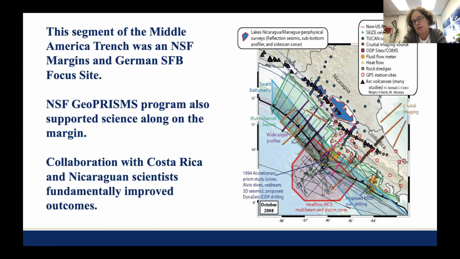This is a figure that was captured in the 2008 time period, showing the land seismometers, the wide angle reflection experiments, swath bathymetry, and included in this are some OBS. I'm going to concentrate on the US ocean bottom seismometers, but there was also a large collection of German OBS and OBH experiments that went on during this time period.